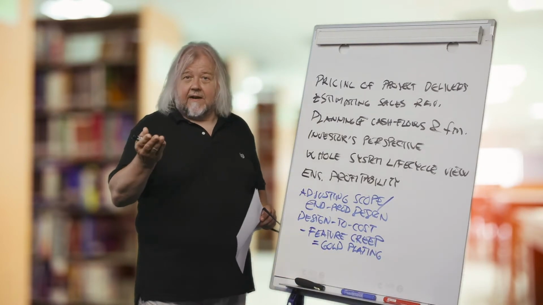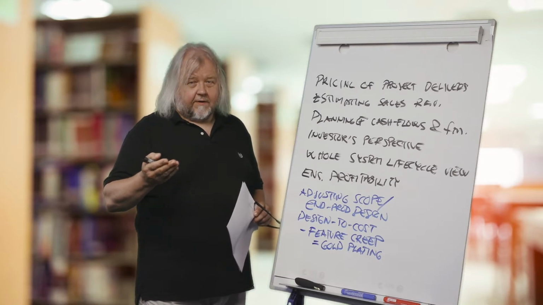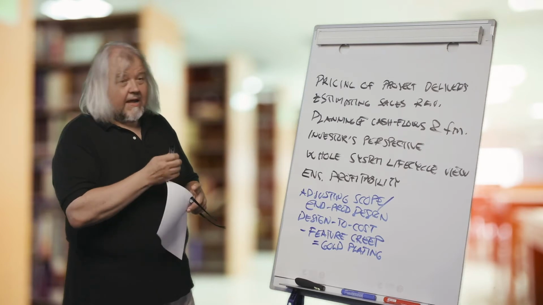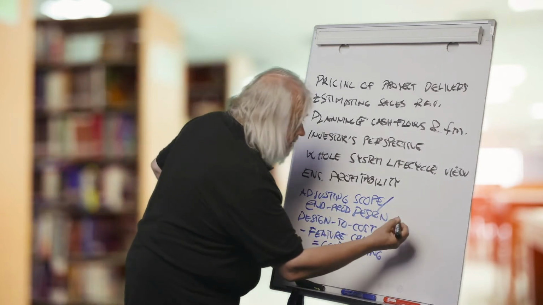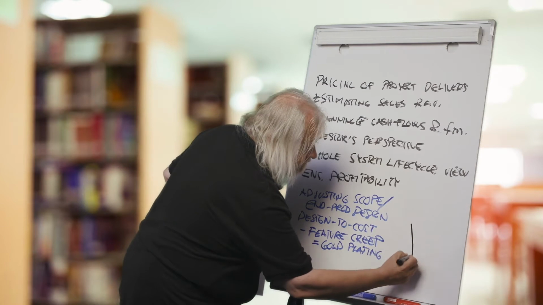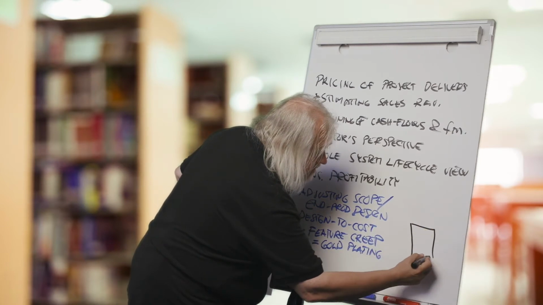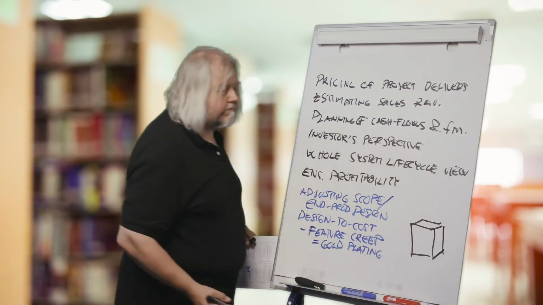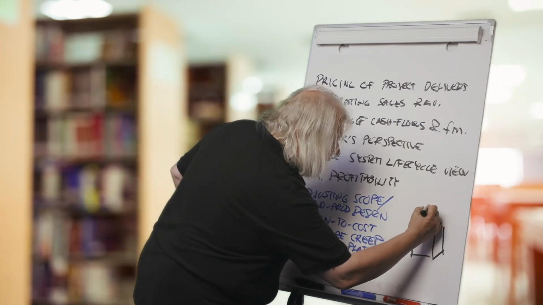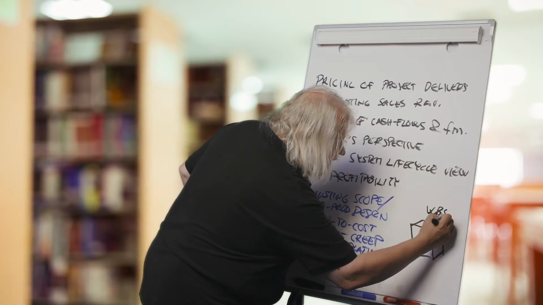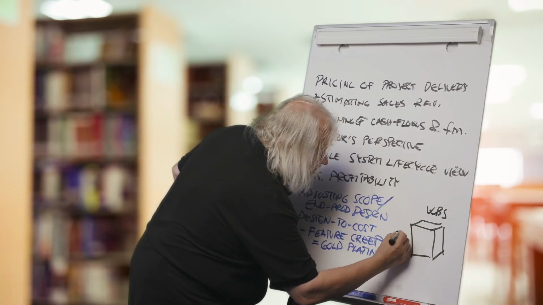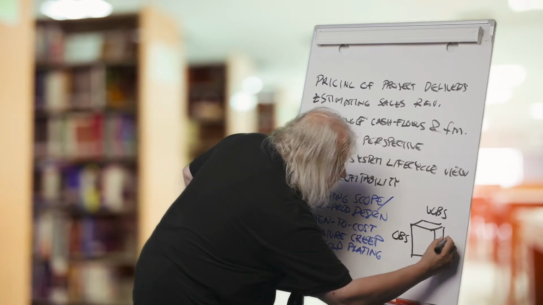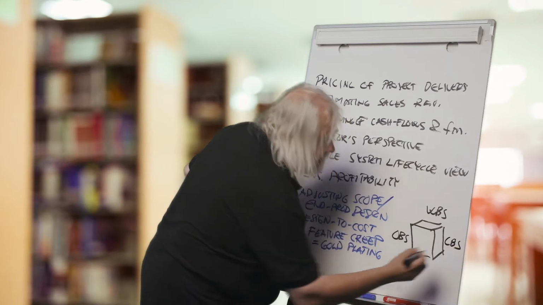It doesn't necessarily lead to better accuracy even. As an example, we have this cost cube that I presented you just like this, with a work breakdown structure, an organizational breakdown structure, and then this cost breakdown structure.